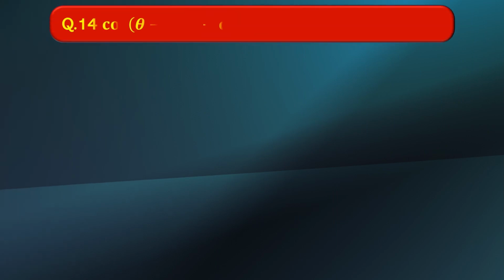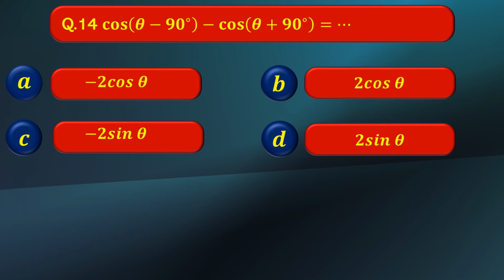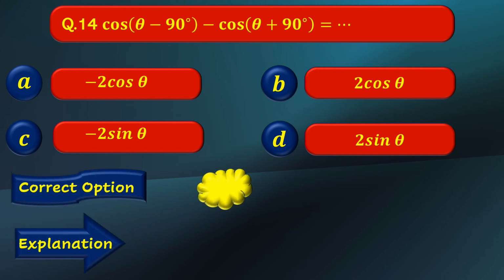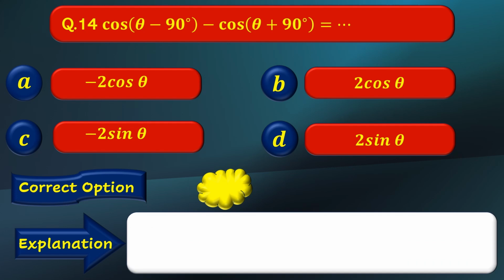Question number 14. Cos of theta minus 90 degree minus cos of theta plus 90 degree is equal to, and the options are. Let's find out which one is the correct option. But before that, let's explain it. We are given cos of theta minus 90 degree minus cos of theta plus 90 degree.